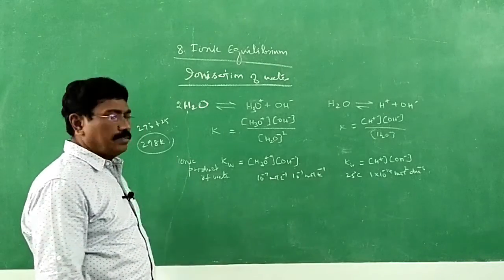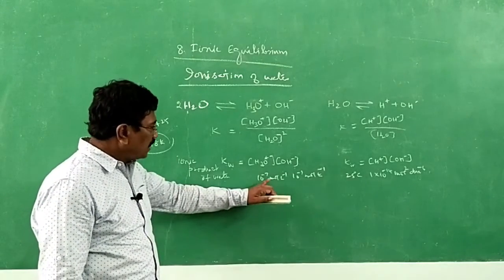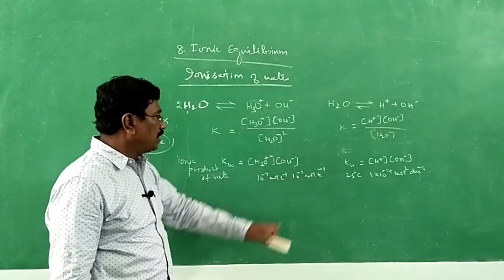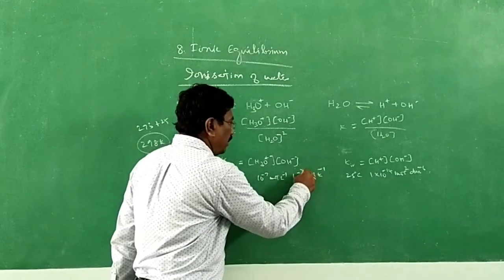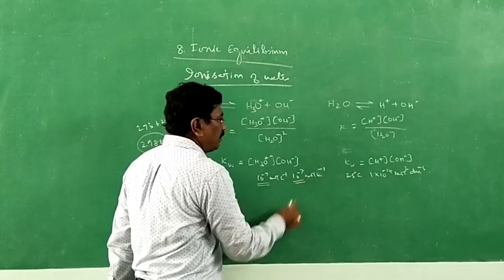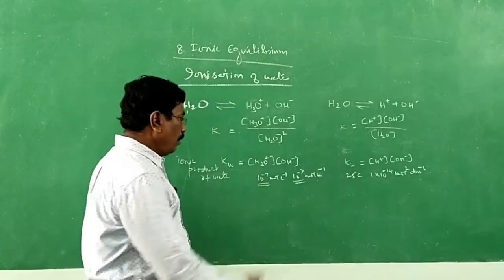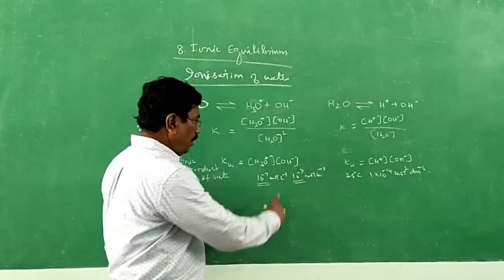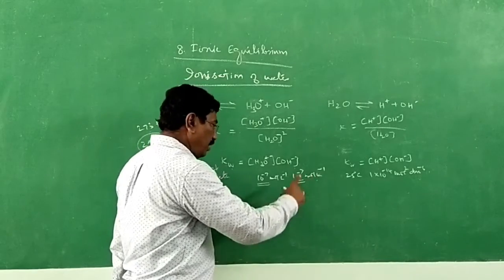So, at this temperature, 10 power minus 7 mole per liter of hydrogen ion and 10 power minus 7 mole per liter of hydroxide ion may be available. If we multiply 10 power minus 7 into 10 power minus 7, we get 10 power minus 14, mole into mole, mole square, and per liter into per liter, liter to the power minus 2.